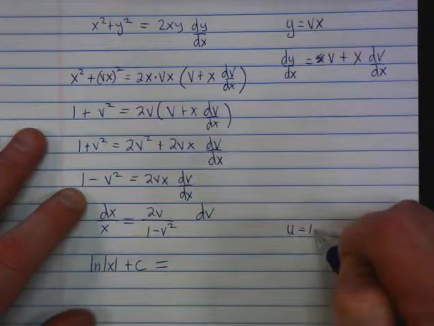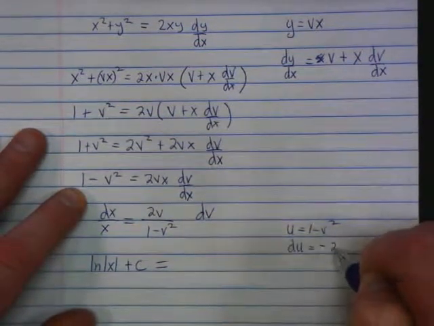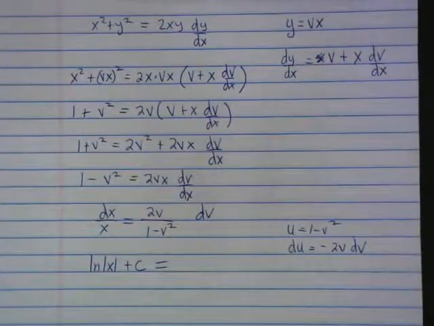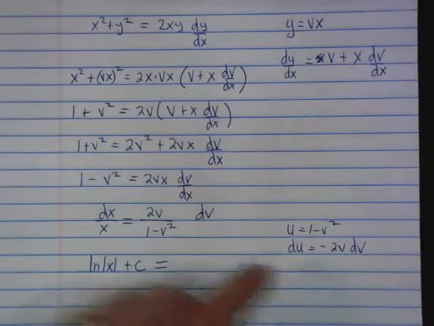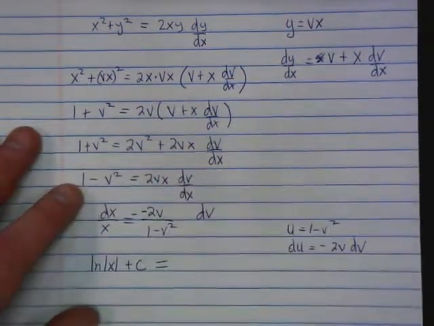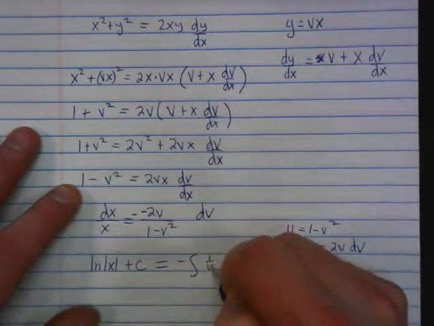U equals 1 minus v squared. So du is minus 2v dv. And that's another convenient reason for leaving that 2 on top, as it happens to work well with the u substitution. But we do need to sneak in a minus sign. So we need two minus signs. So we're going to end up with minus integral 1 over u du.